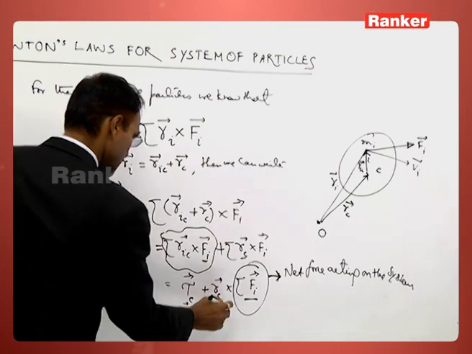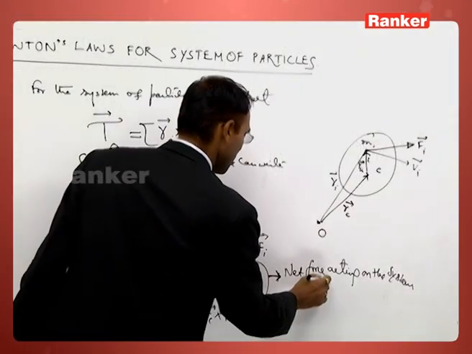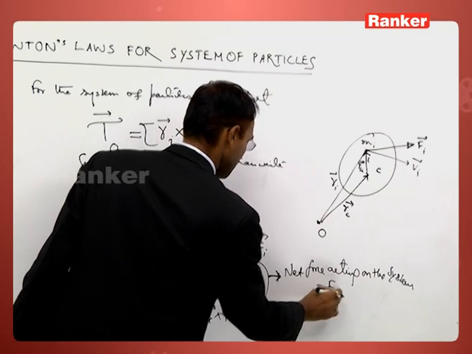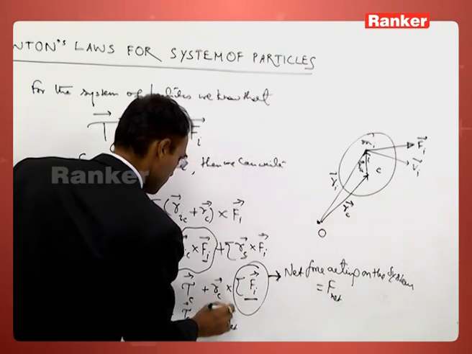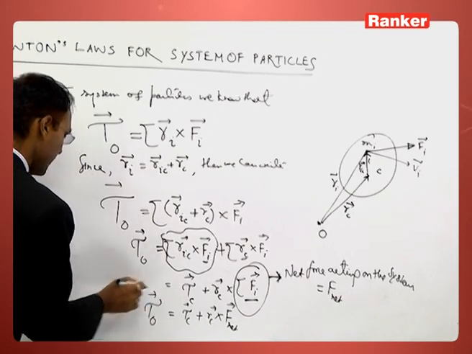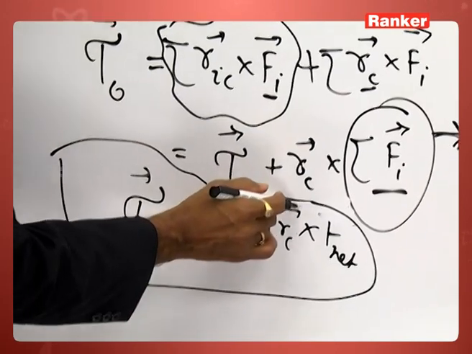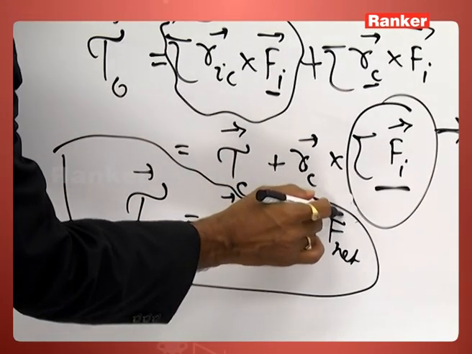So tau C plus RC cross F net, let it be F net, is equal to the net torque acting on the system about the given reference point.